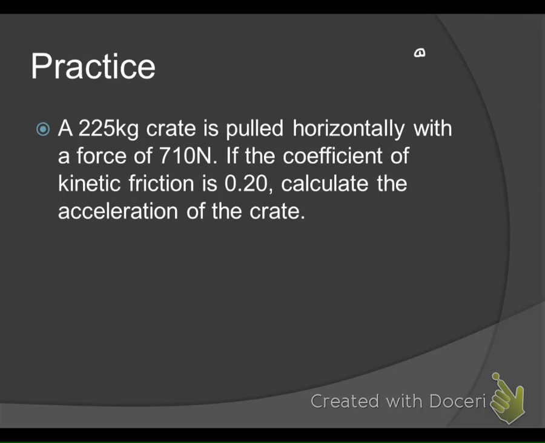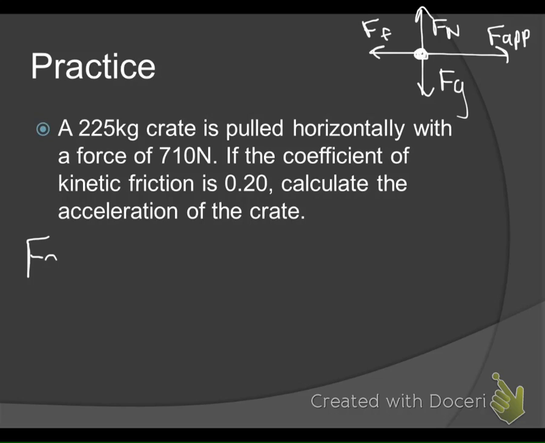So if we draw our free body diagram, we're going to have F sub G, F sub N, some F applied or F pull or whatever you want to call it, and we're also going to have friction. So what's our first step then for these problems?